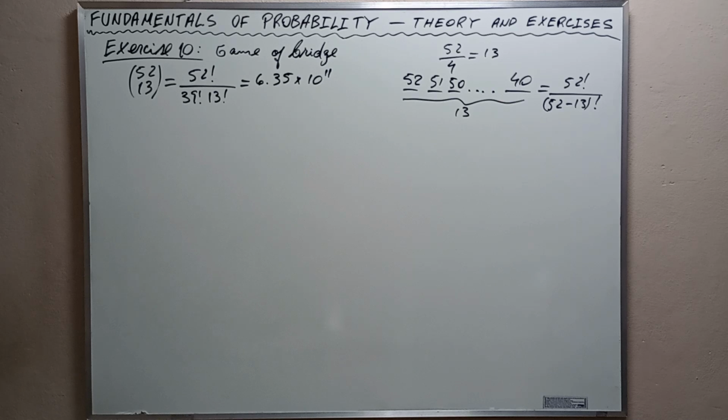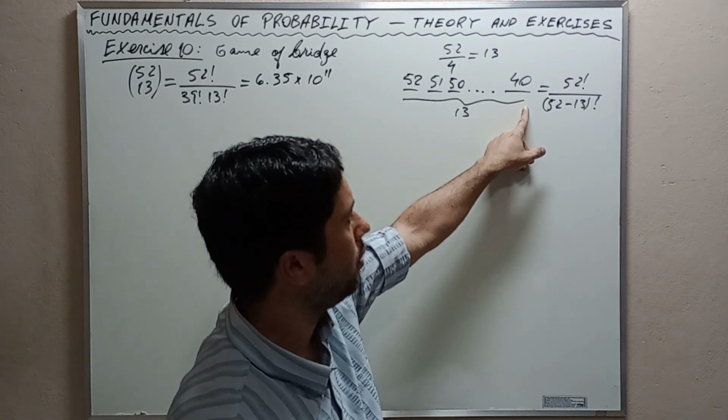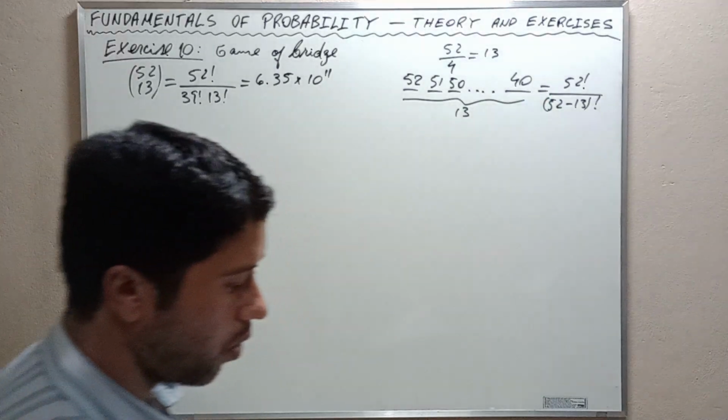I'm not going to give the 52 cards only to John. I'm going to give only 13 cards to John, because the other 3 players will need to receive other cards, their share, alright? 13 cards for each. That's why we stop here at 40 and don't let the factorial go all the way.